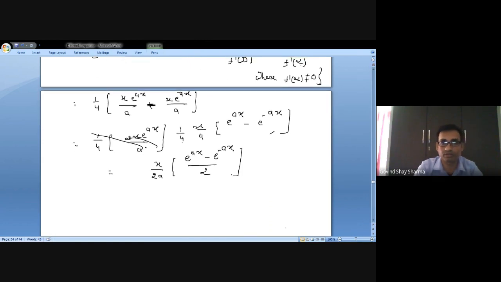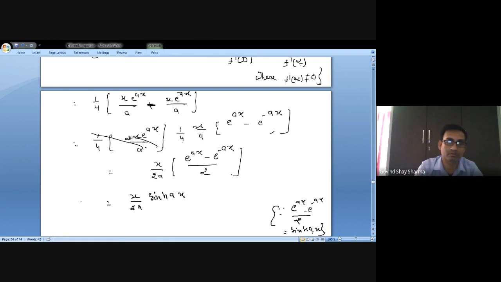We know that e to the power ax minus e to the power minus ax upon 2 is equal to sine hyperbolic. So we put here x upon 2a sinh ax.